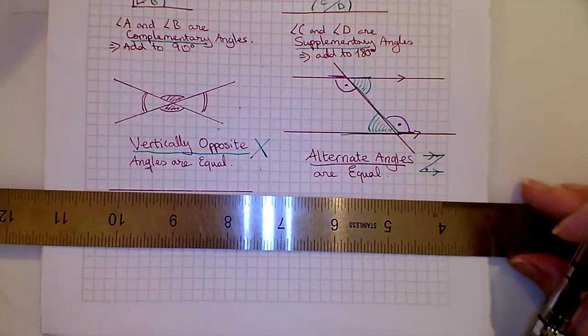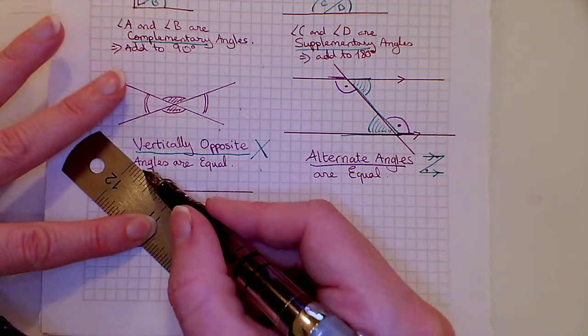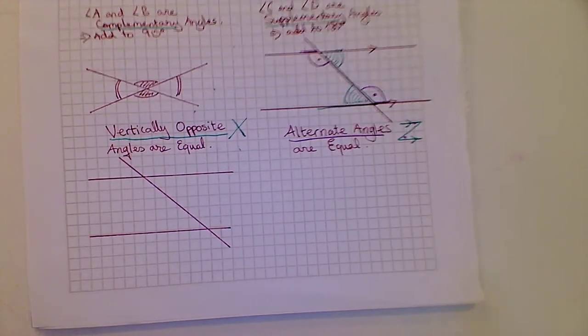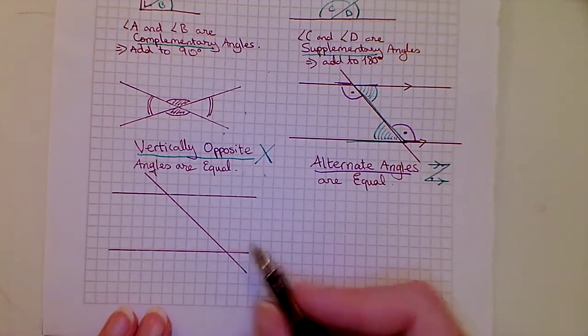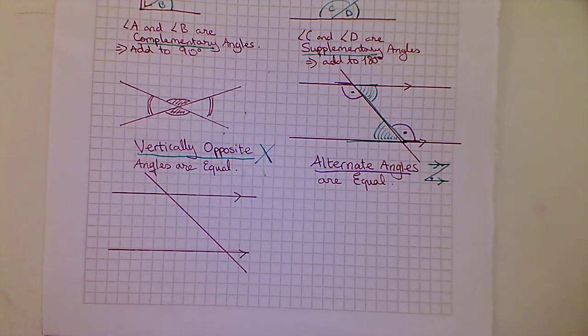So if I have two parallel lines and I have a line going through them, I'm now looking for an F shape, okay?